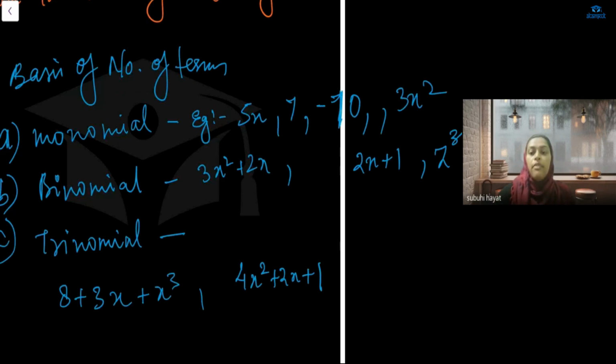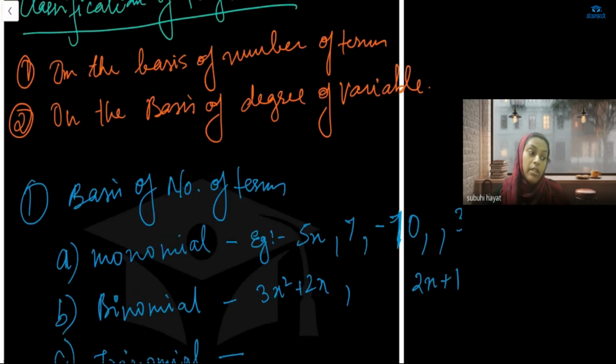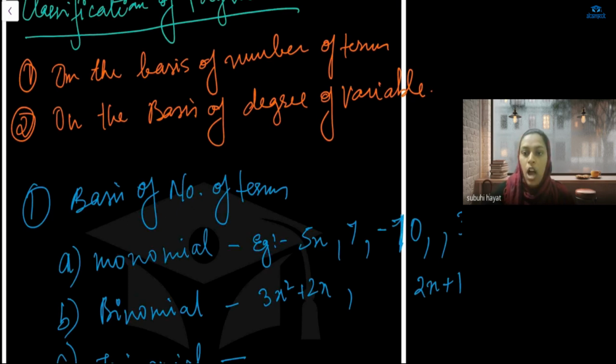Now let's see the classification of polynomials on the basis of the degree of the variable. On the basis of the degree of the polynomial, there are many.